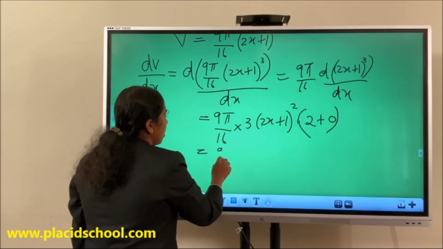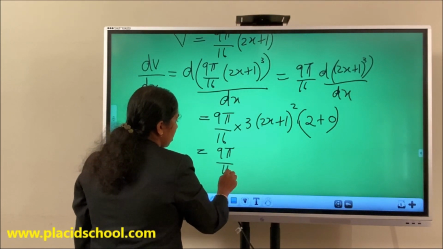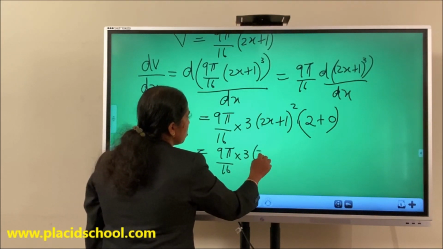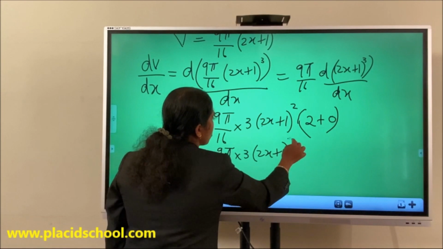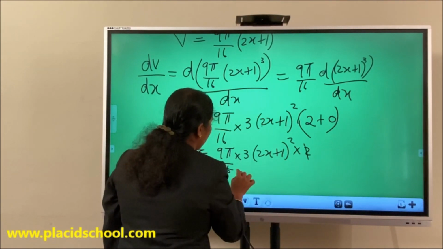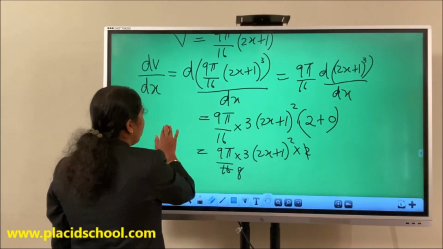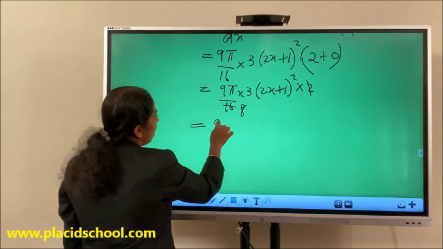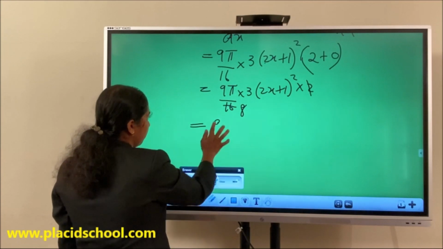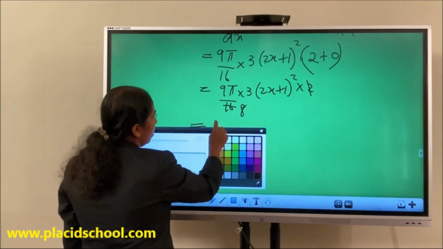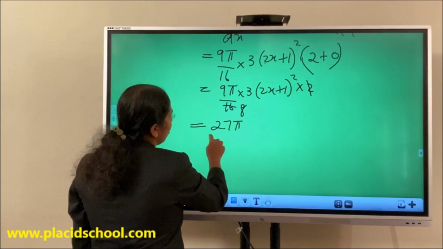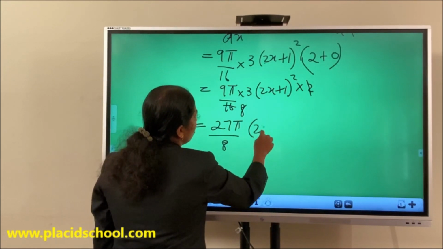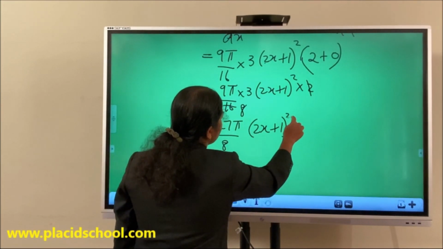So this is 9π/16 into 3 (2x + 1)² into 2. Simplifying, you will get the final answer as 27π/8 (2x + 1)².